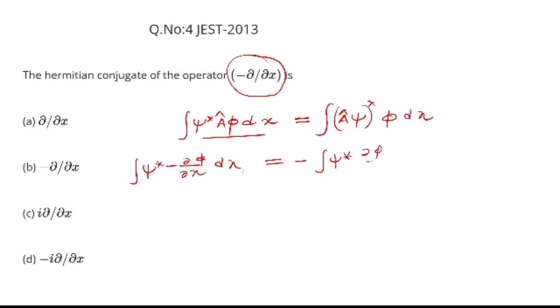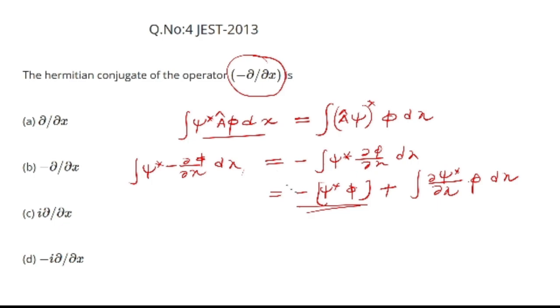Psi star del phi by del x dx, integrate by parts. The first term gives psi star phi with limits, and then minus, it gives del psi star by del x times phi dx. The boundary term gives 0, if we consider the value at the boundary limit.